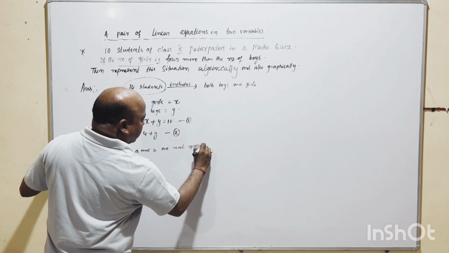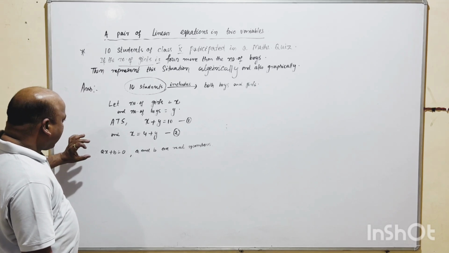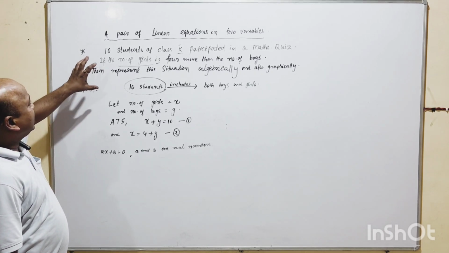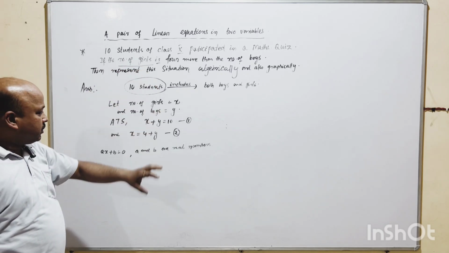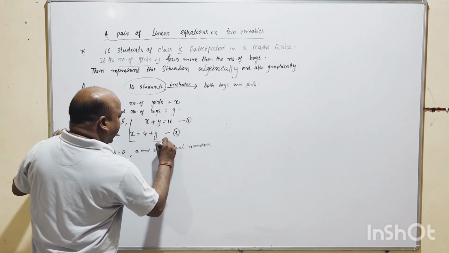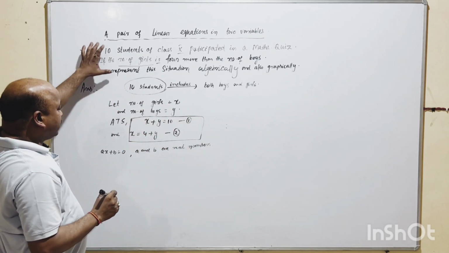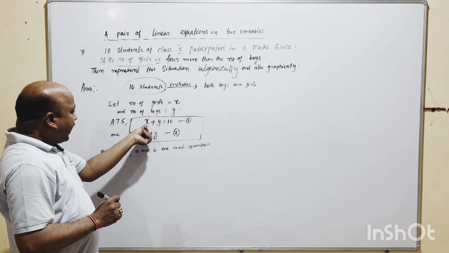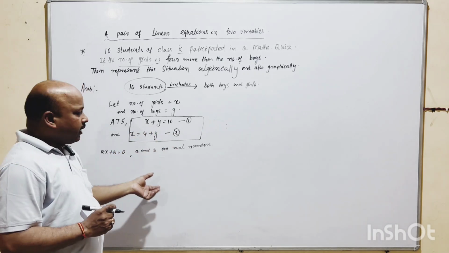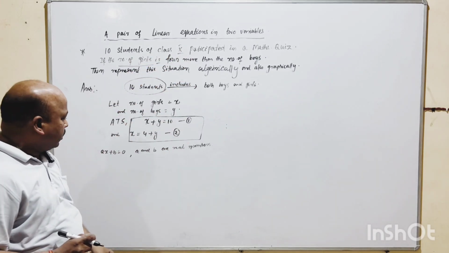Now I am explaining what a pair of linear equations in two variables is. Already I explained that the algebraic representation of the situation is x plus y equal to 10 and x equal to 4 plus y, and these are known as a pair of linear equations in two variables.